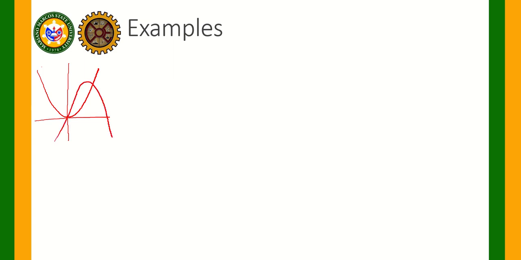Yung origin natin. Okay, so this is 2, 4. This is 0, 0. Okay, so anong strip na gagamitin natin? Let's try si vertical strip. Okay, vertical strip yung kukuhanin natin.